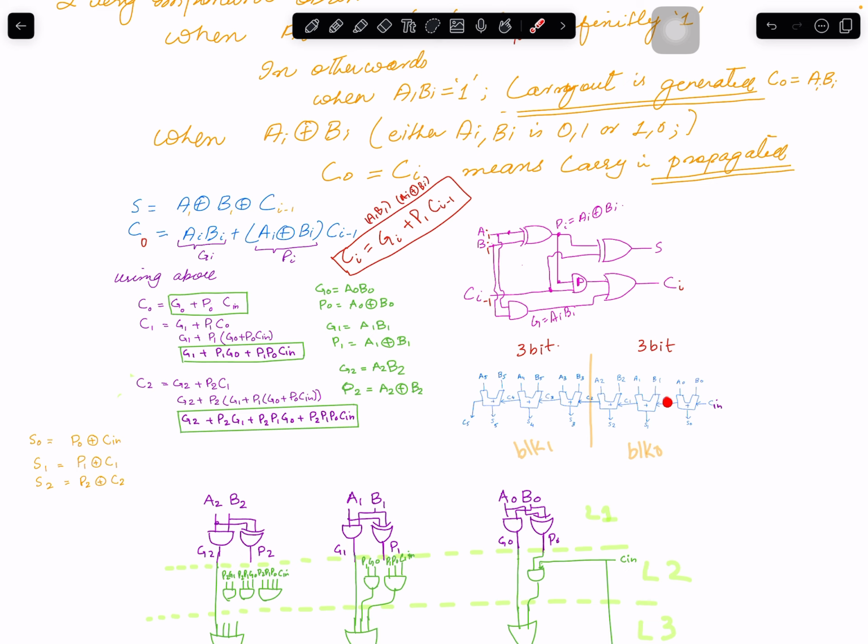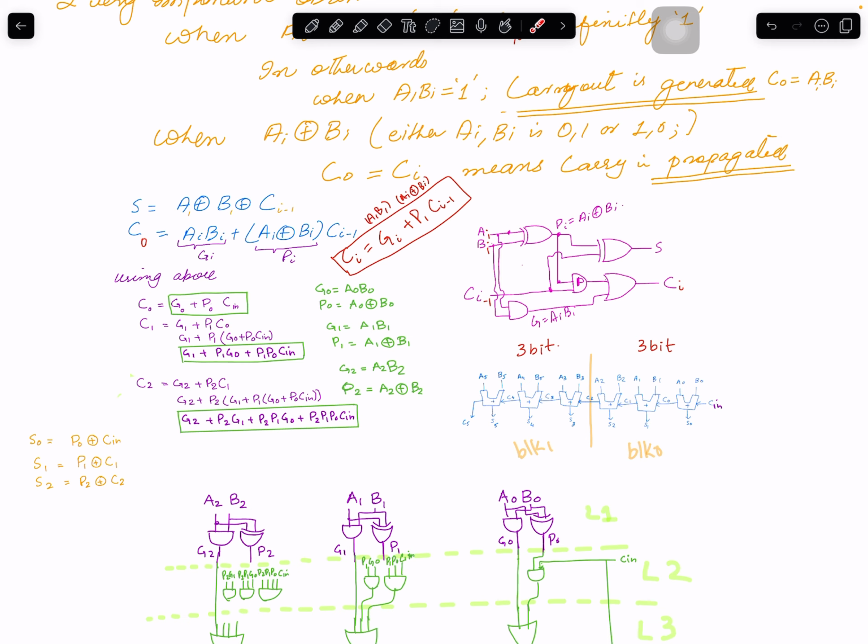So we need to calculate C0, which we can calculate in terms of A0, B0, and Cn. Then C1, we can calculate in terms of A1, B1, and Cn. And C2, we can calculate in terms of A2, B2, and Cn. That's why as soon as Cn comes, we will calculate the delay.